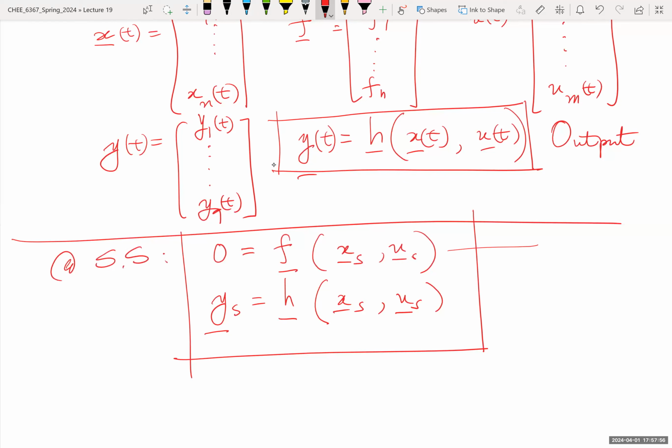Incidentally, this equation here does not have to be square, nor does this one have to be square. The input u may not be defined uniquely, but this equation will always be satisfied at steady state, right? We may have more inputs than outputs at our disposal, so that may be the situation.